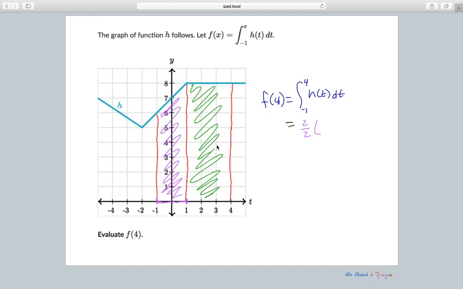So base 1 is 6, base 2 is 8. So 2 over 2 times 6 plus 8, plus our rectangle, which is just base times height, with a base of 3 and a height of 8. Plus 3 times 8. All right, so what are we going to end up with? 14 plus 24, so 38, final answer.